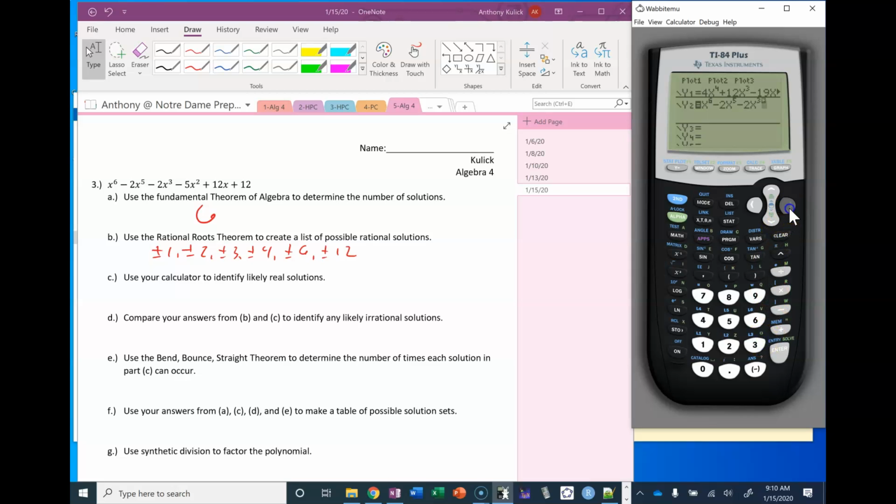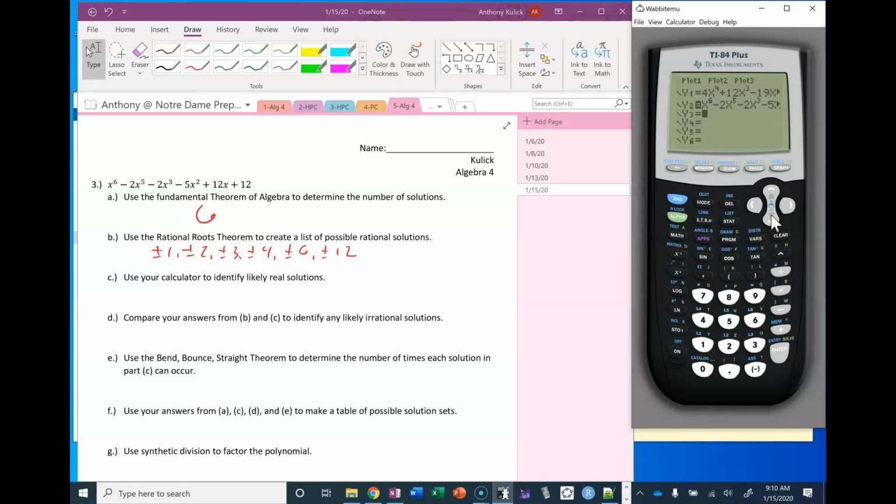I would also say to you guys that being able to get the picture out of your calculator is a pretty important part of being able to do these problems. If you can't get these things typed into your calculator and manipulate your calculator to get a decent picture out of these things, that's a problem. So make sure that you're spending some time playing around with your calculator and figuring out how to do this.